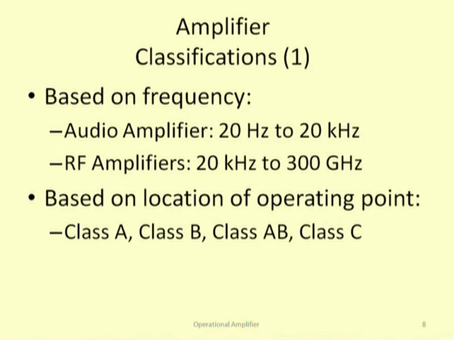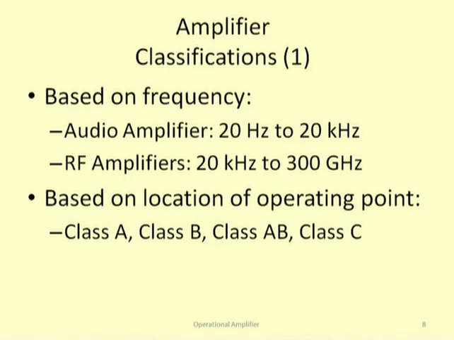Now the second category of the amplifier is called the RF amplifier. If an amplifier is capable of amplifying input signals whose frequency is outside 20 Hz to 20 kilohertz, here it is mentioned as 20 kilohertz to 300 gigahertz, then that amplifier is called the RF amplifier.